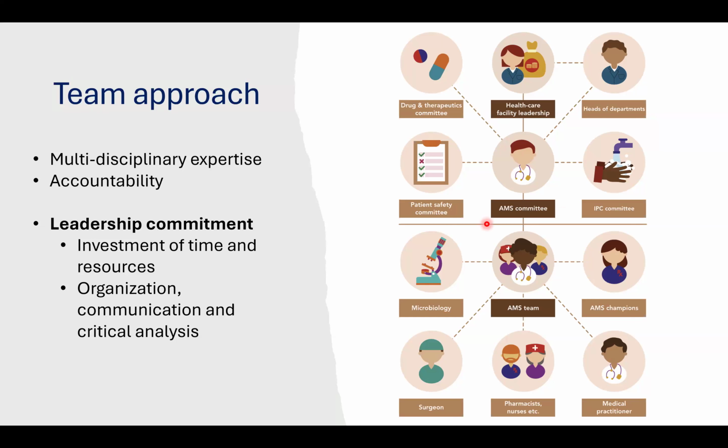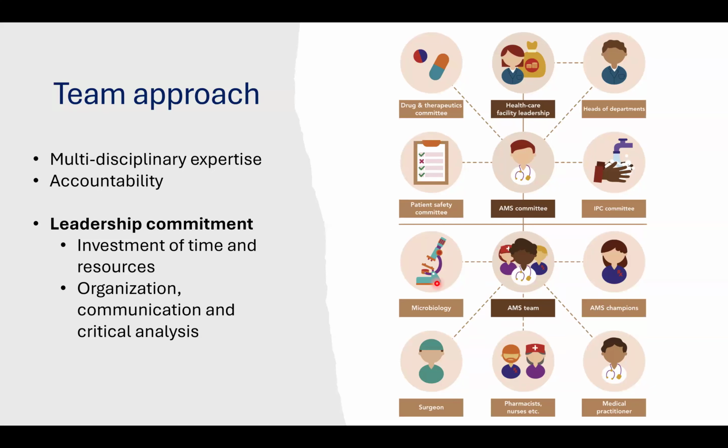They constitute an antimicrobial stewardship committee, which could work hand in hand with the infection prevention control committee or patient safety committee. So in the AMS teams, who all will be there? There would obviously be the clinicians, the doctors, the nurses of the unit. There would be some special dedicated infection control nurses or antimicrobial stewardship champion nurses.